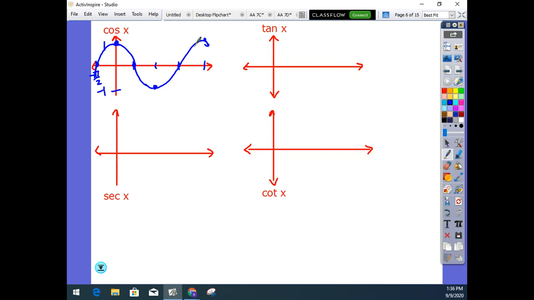Okay? All right. So think about what I just said earlier. Each place that a function has a 0, its reciprocal has asymptotes. Because cosine is 0 at -pi/2, secant, its reciprocal, has an asymptote. Where cosine has a 0 at pi/2, secant has an asymptote.